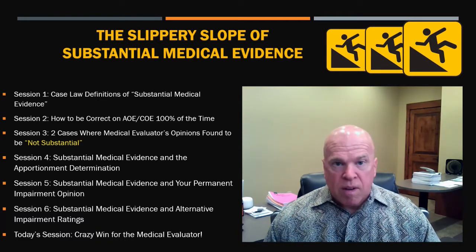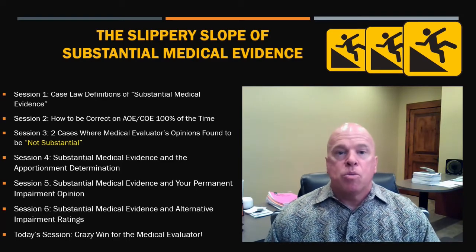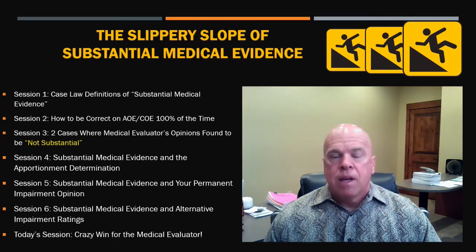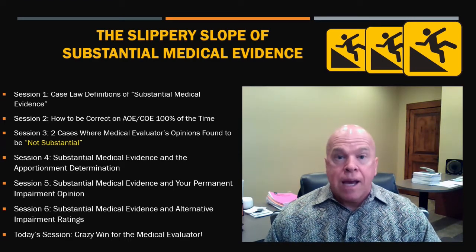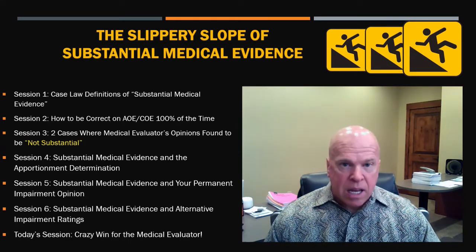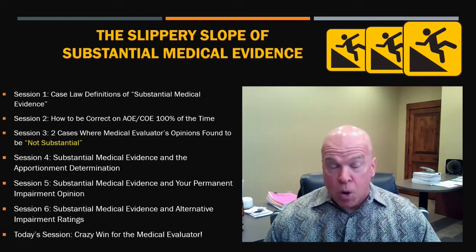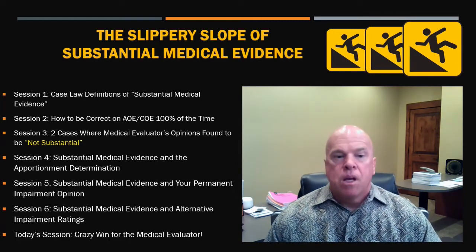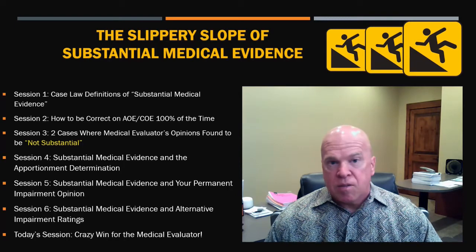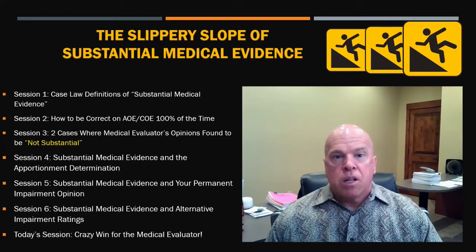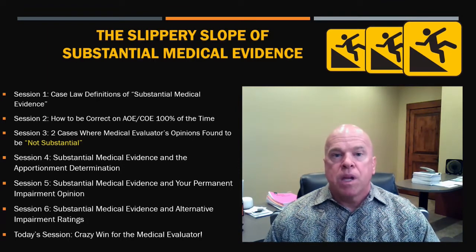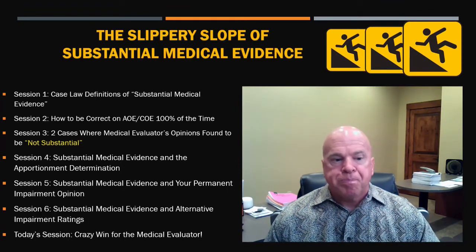Substantial opinions provide relevant facts in support of the opinion and conclusion, and substantial opinions are not based on guess, conjecture, speculation, or surmise. Okay, and we're going to come back to these with an example at the end of today's discussion. So it's important that you remember those particular defining components of substantial medical evidence.